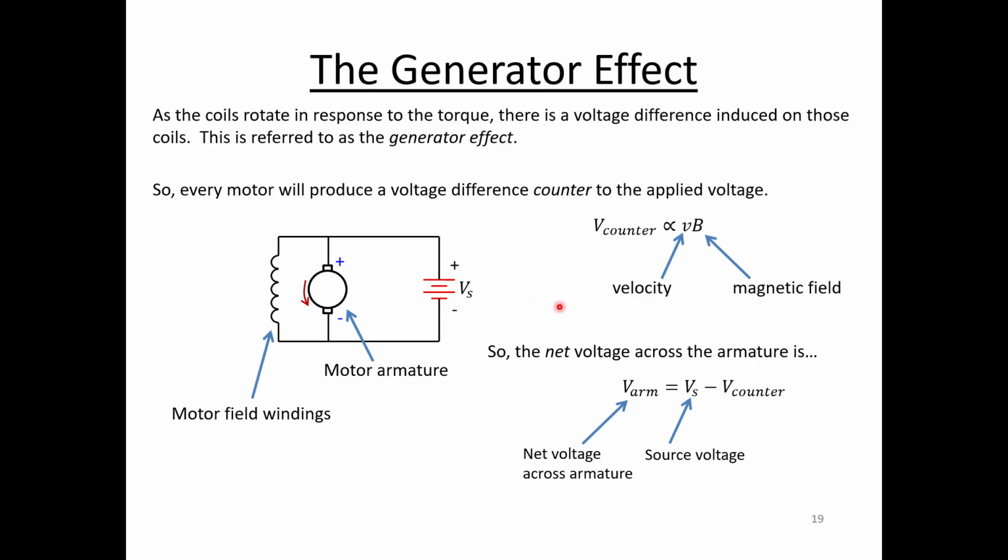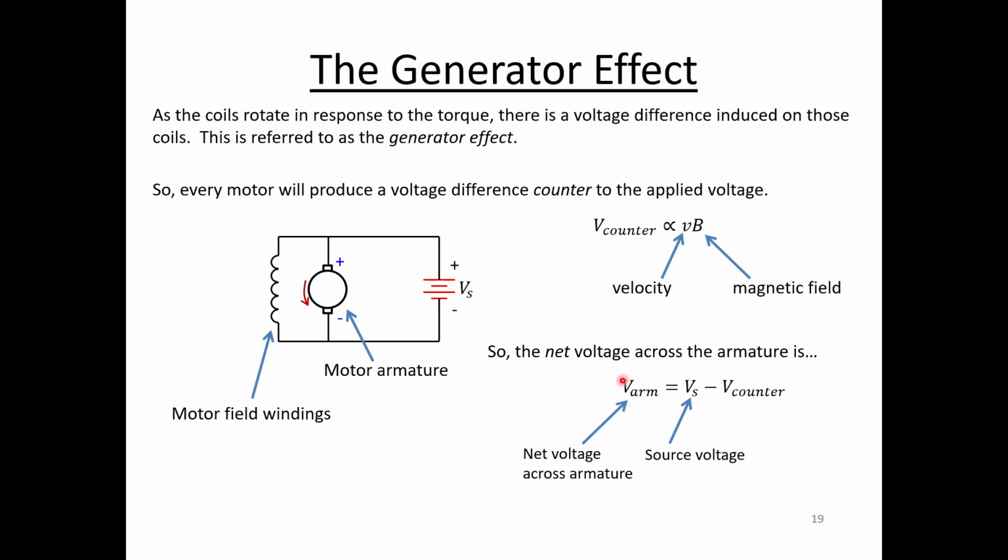We learned that just like with Faraday's law, just like with generators, if you're spinning things faster, so if you have higher velocity on the rotor, then you're going to induce more voltage, so more of this countering voltage that we see here. That will tend to cancel some portion of the source voltage, and there will be a lower net voltage across the armature.